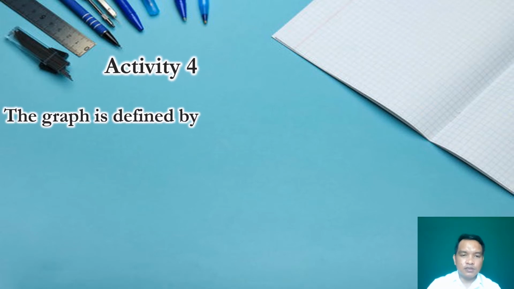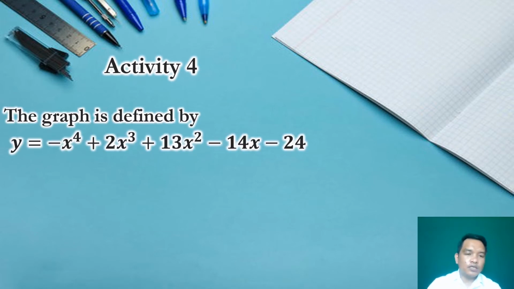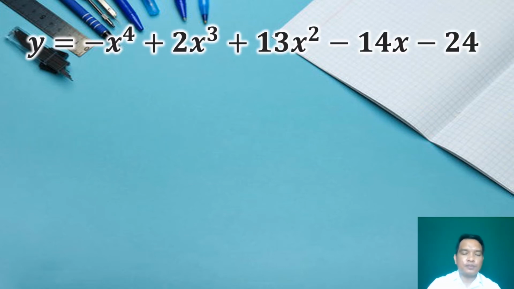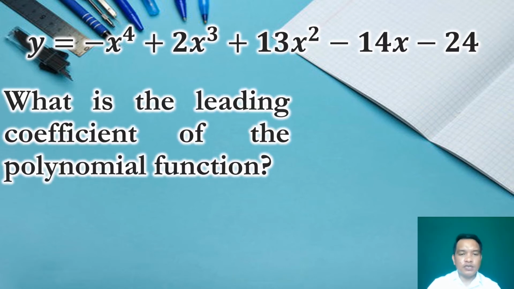So let's have Activity 4. The graph is defined by y is equal to negative x raised to 4 plus 2x raised to 3 plus 13x squared minus 14x minus 24. Let us analyze our given polynomial function. What is the leading coefficient of the polynomial function?